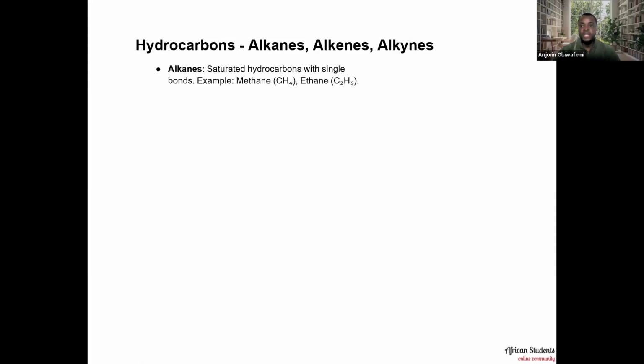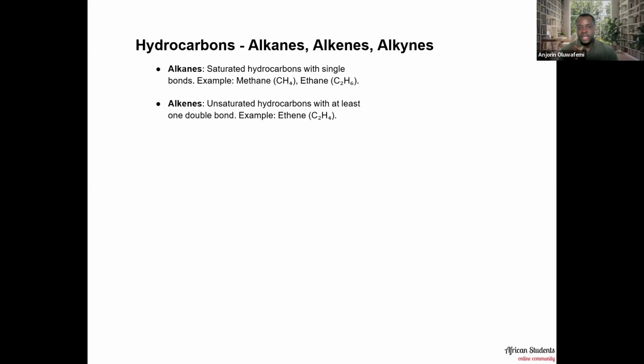So if you want to bring any other substituent, compound, or atom to it, you need to knock something off from the original compound in order to accommodate whatever atom you want to introduce. Okay, so we have alkenes. They are unsaturated hydrocarbons with at least one double bond. Don't forget, alkanes have single bonds, alkenes have double bonds.